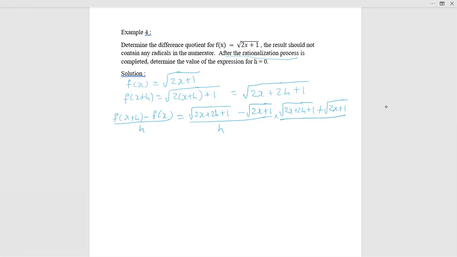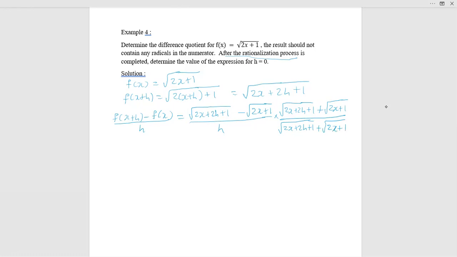Write the same thing in the denominator: square root of 2x plus 2h plus 1 plus square root of 2x plus 1.